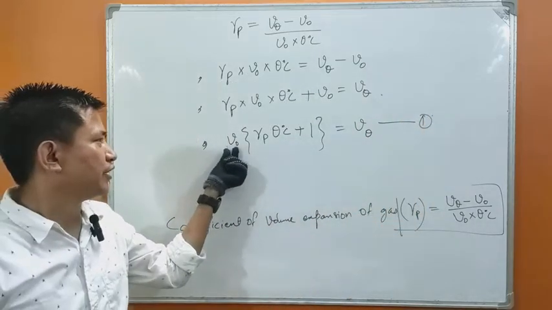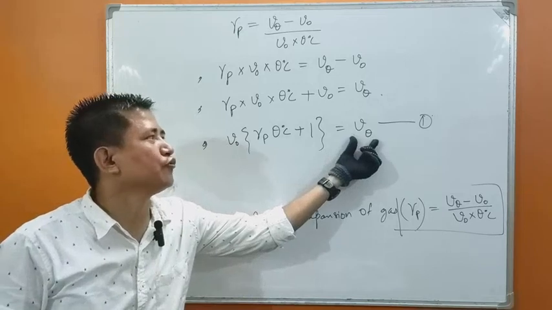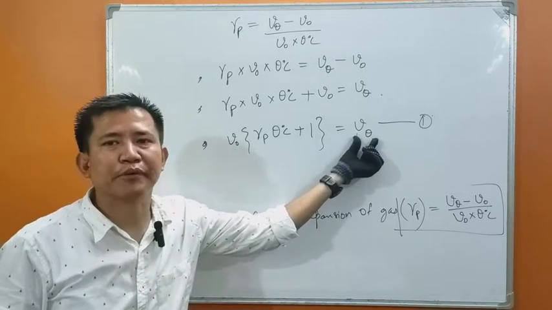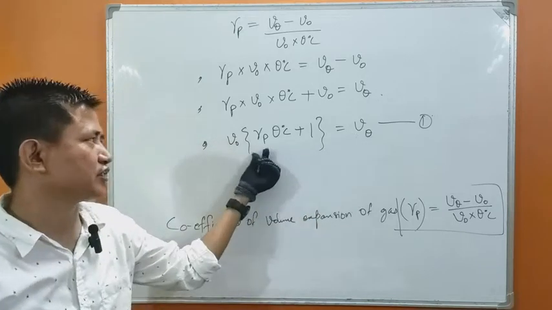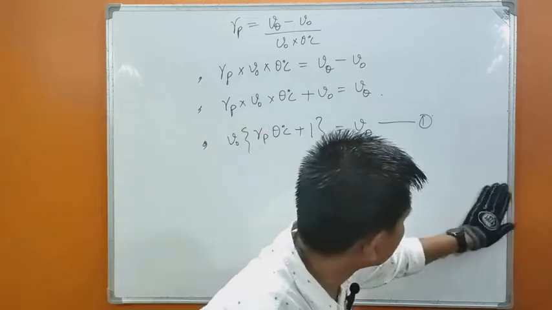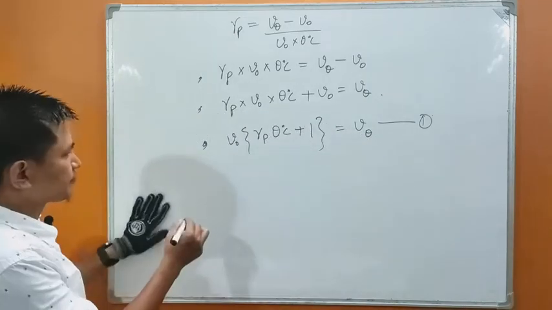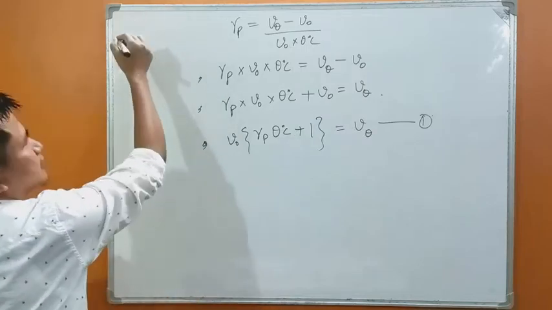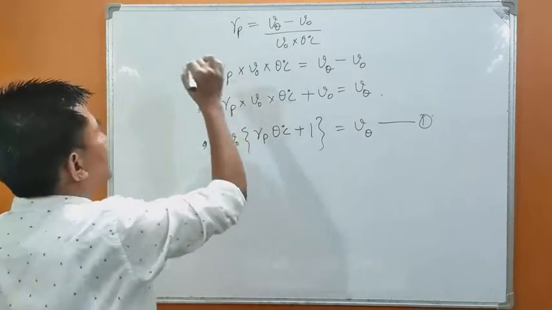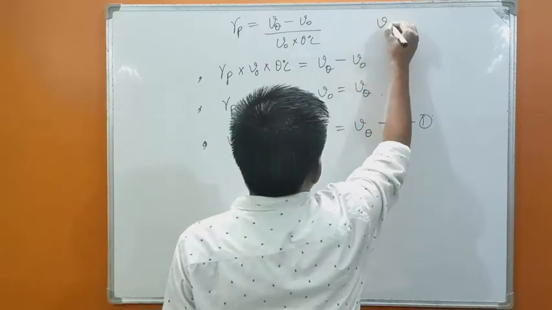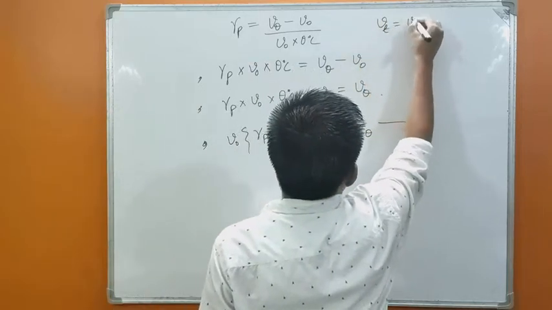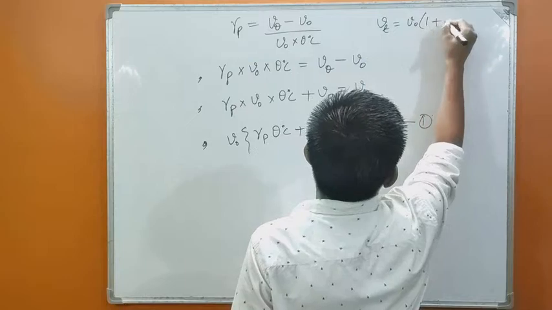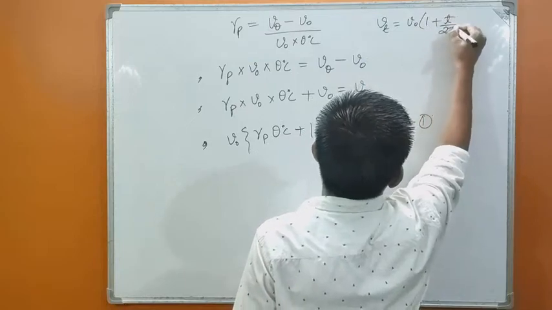V theta means the new volume of the gas at temperature theta degree Celsius is this much. So from Charles' law we know that, let me write the equation of Charles' law. Vt equals V naught into 1 plus T upon 273, isn't it?